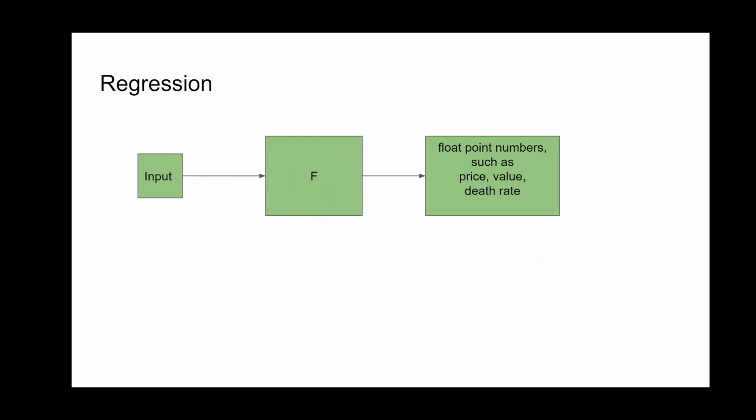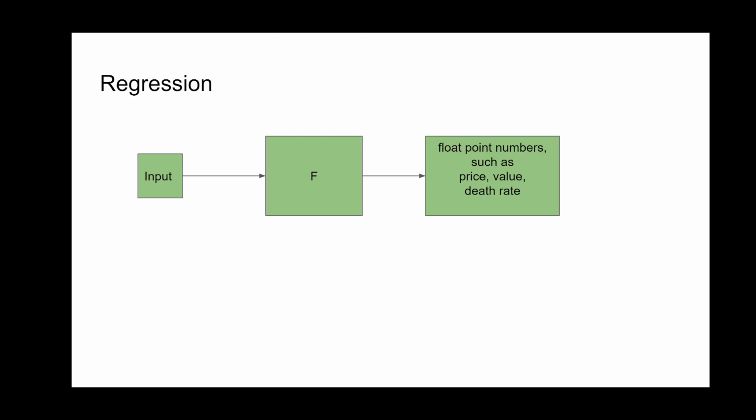We can think of that function as a black box. It could be a mathematical function, a neural network, or any function, and it will output a single number for a regression problem.